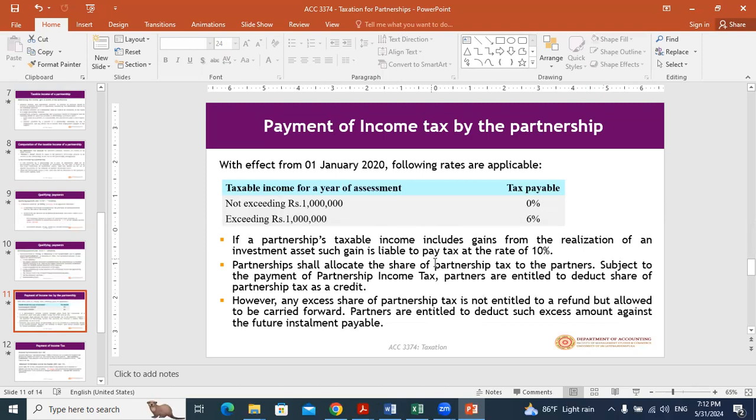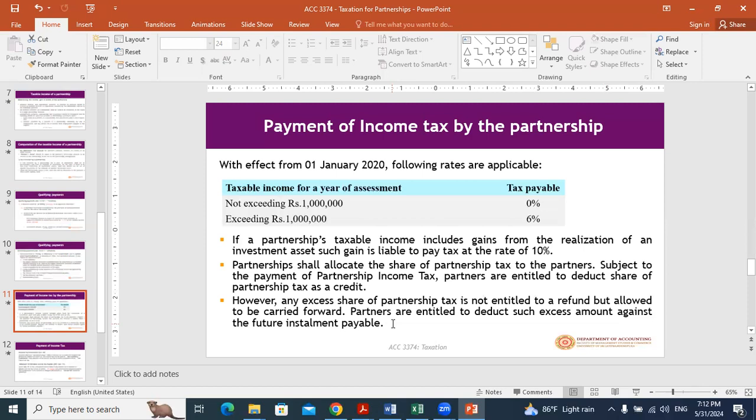However, any excess share of partnership tax is not entitled to a refund, but is allowed to be carried forward by the individual. Partners are entitled to deduct such excess amount against the future installments payable. Let's say the example that I took a little while ago, Mr. A and B, they are carrying out a partnership. The partnership's total tax payable is 200,000. Mr. A got 100,000 as the tax credit.